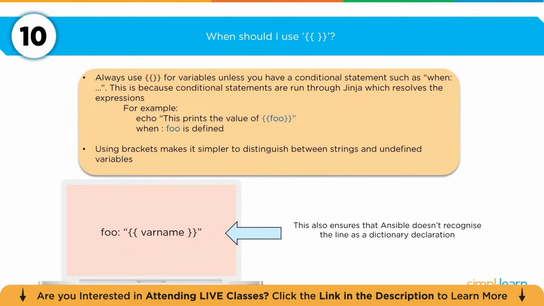And really, the answer comes down to two things. One is that it makes it easier to distinguish strings and undefined variables. And the second is for putting together conditional statements when you are actually using variables. And the example we have here prints the value of foo, and we then have to put in the variable conditional statement of foo is defined as something.